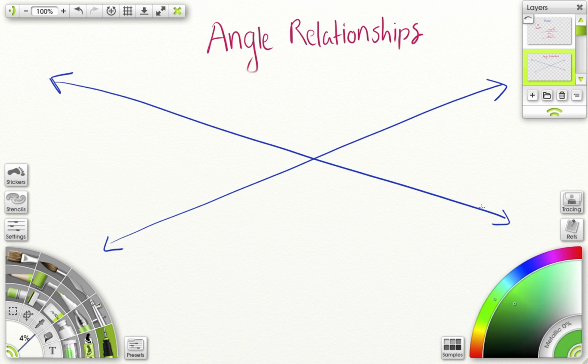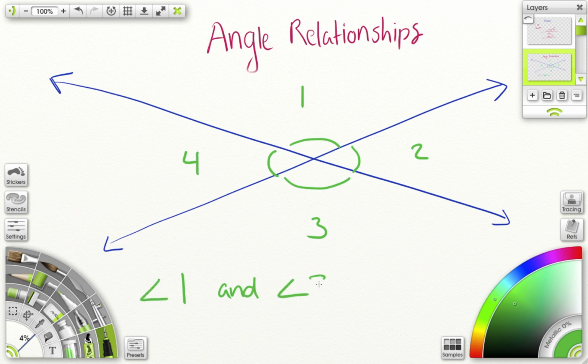So let's color code this. I'm going to color them 1, 2, 3, and 4. So angle 1, angle 2, angle 3, and angle 4. Angle 1 and angle 3 are equal.